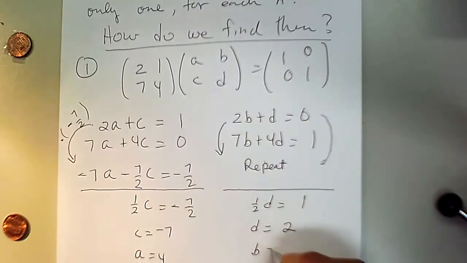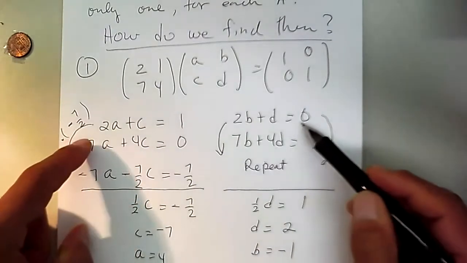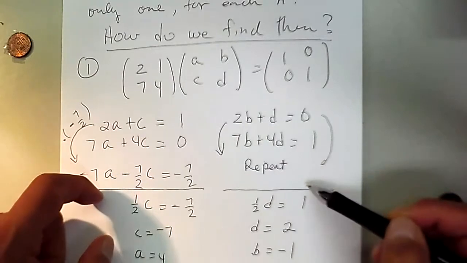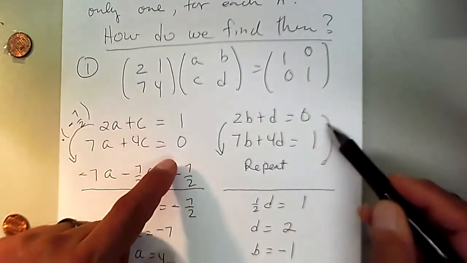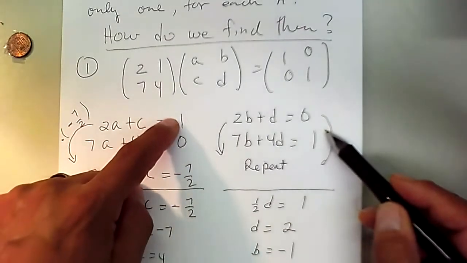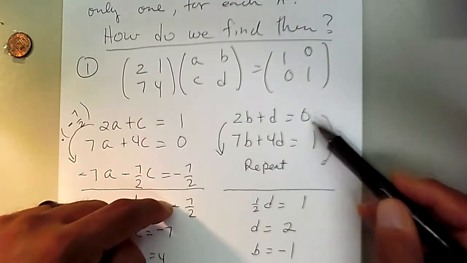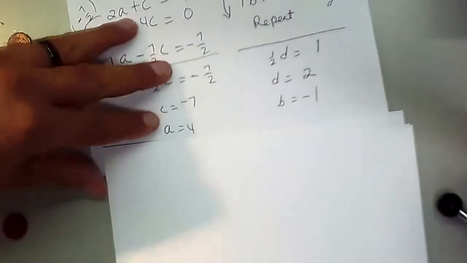So b equals -1. Okay, so it is neat to notice that we're going to end up with almost the same computations. I mean, on the left, not on the right. On the right, we did multiply the 1, and adding 0 gave us this. Here we multiply the 0, and then we added 1.